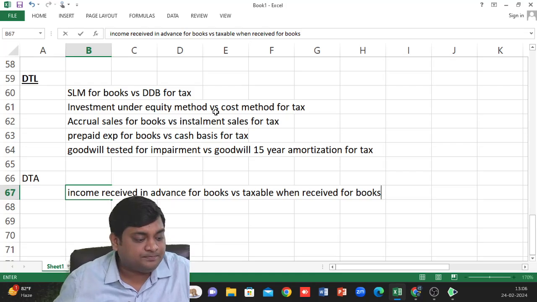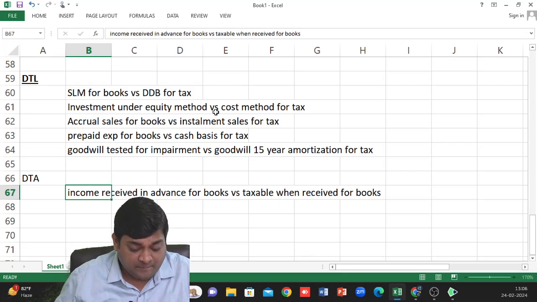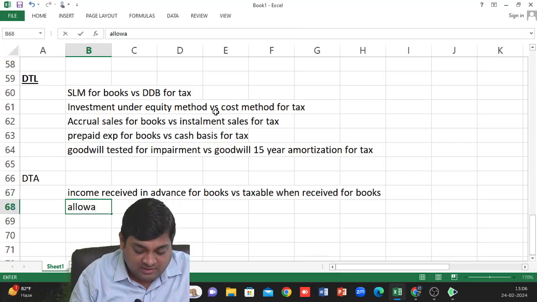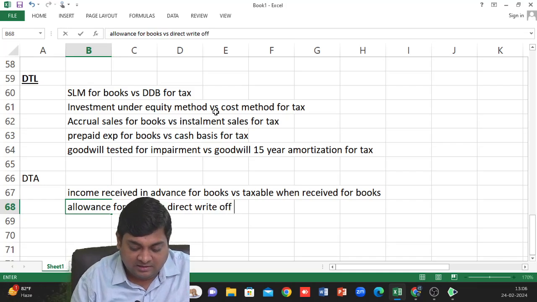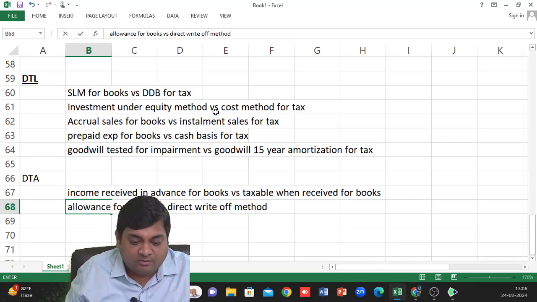Right. We have allowance for books versus direct write-off method.